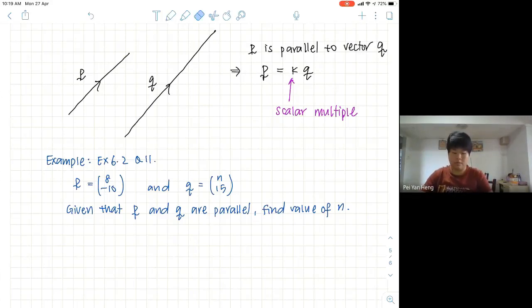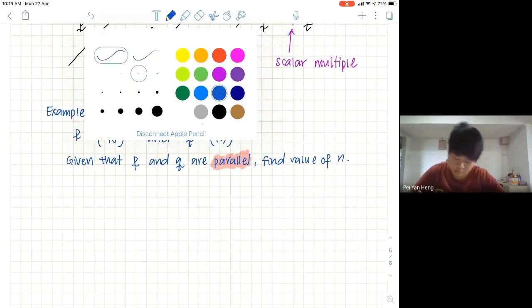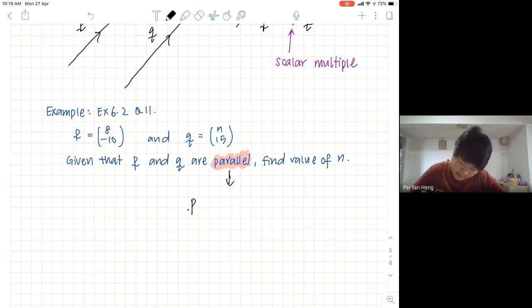So we know that they are parallel. What happens if they are parallel? We know that P is a scalar multiple of Q. Can we change it the other way around?